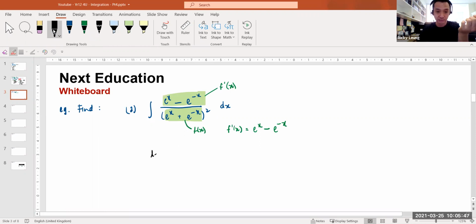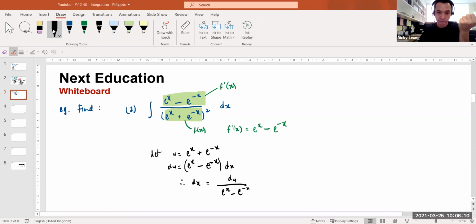So if I let u equal e^x plus e^(-x), du equals e^x minus e^(-x) dx, therefore dx equals du over that, with a minus from the -x.